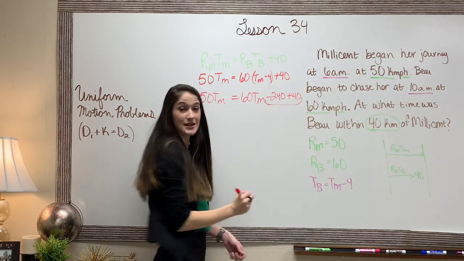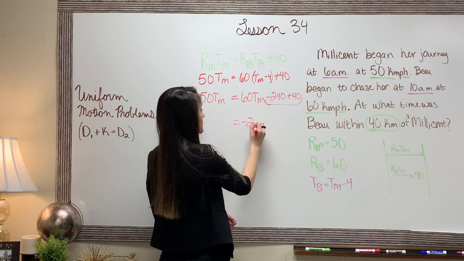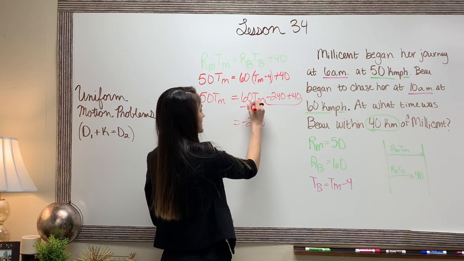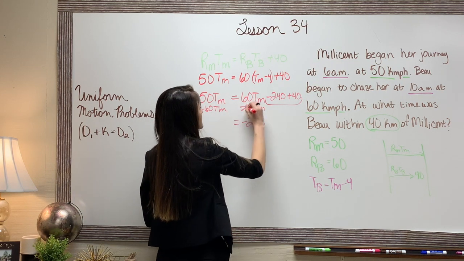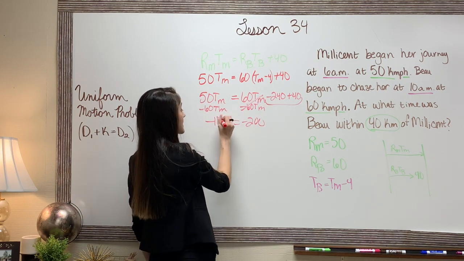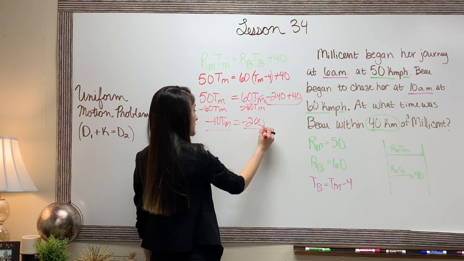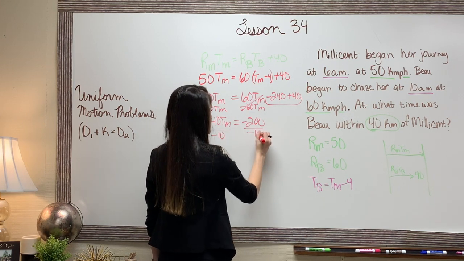And we can add these like terms. So that's going to be negative 200. And subtract 60 T of M from both sides. So that's gone, and we're left with negative 10 T of M. Divide both sides by negative 10.